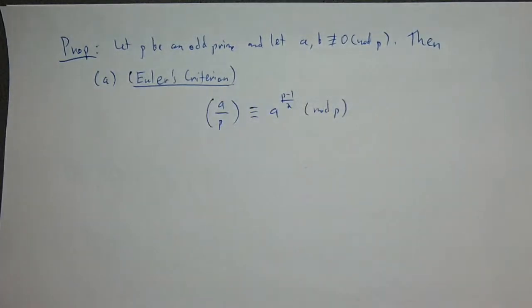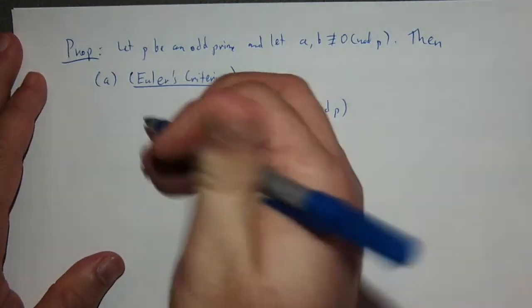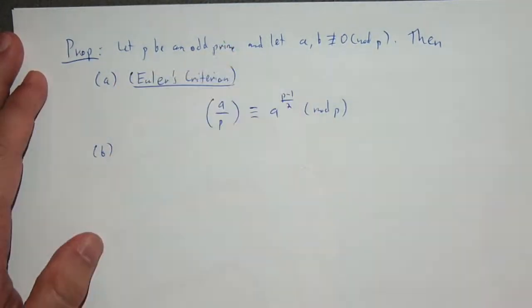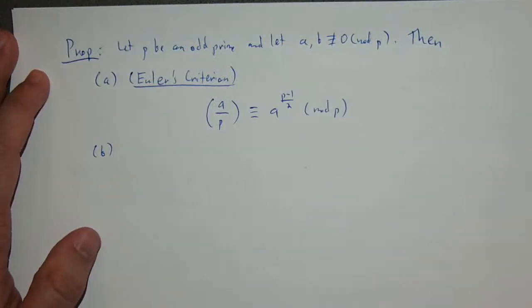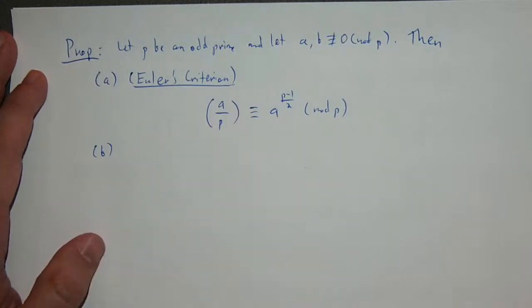Okay, but here, this is a congruence, right? So the next list of things are not going to be in terms of congruences. They are going to be equalities here.